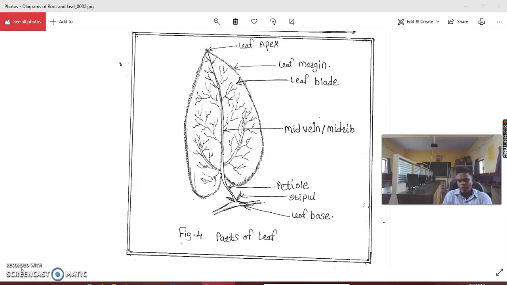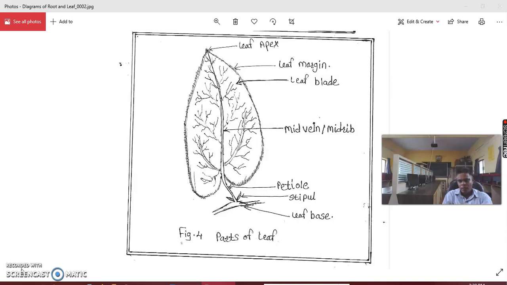Then the second is the compound leaf. When the lamina is divided into small pieces and each piece is called a leaflet, the entire leaf is called a compound leaf.